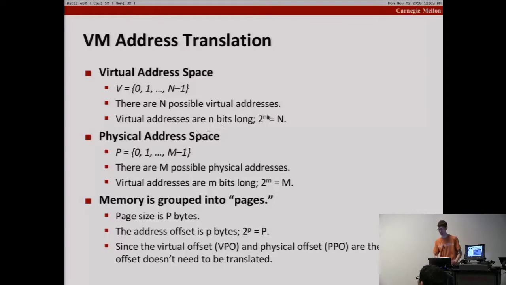Lowercase n bits gives you 2 to the n possible addresses. And similarly with the physical address space, there's going to be M physical addresses, so lowercase m is going to be the log of uppercase M, so that we get 2 to the m equals uppercase M.